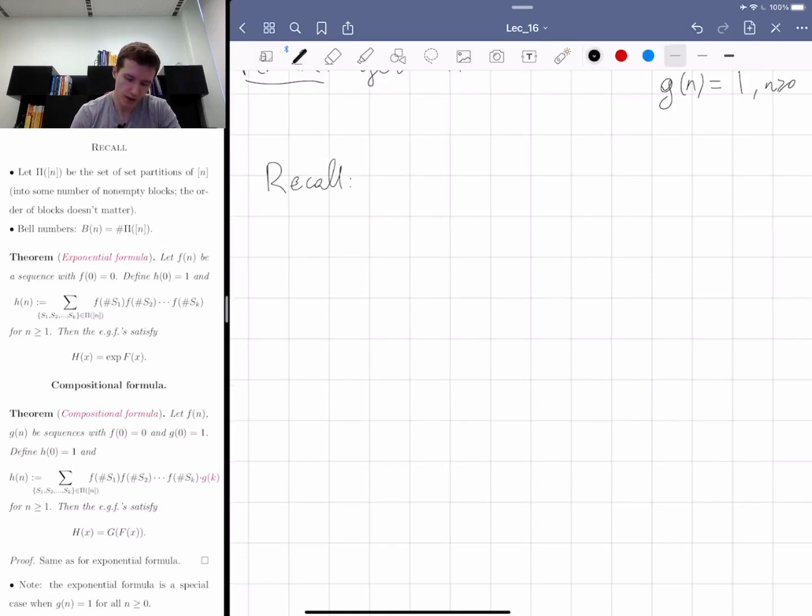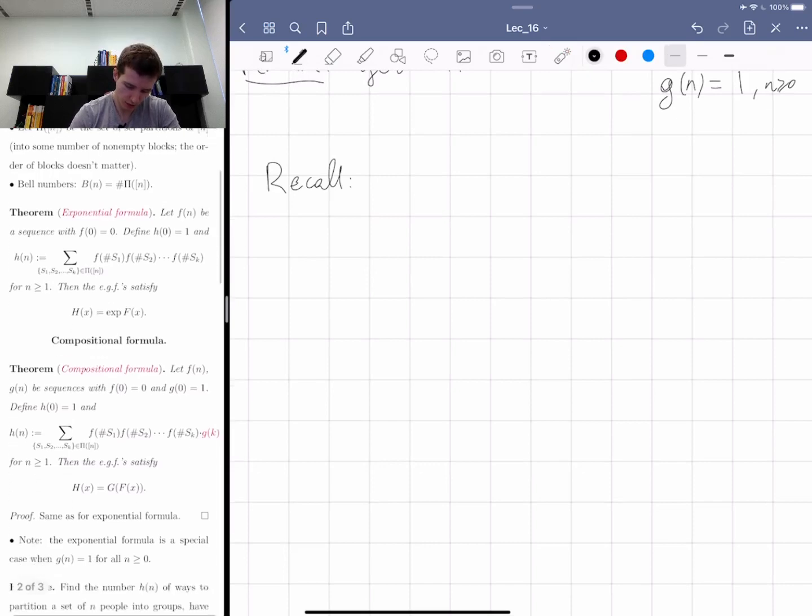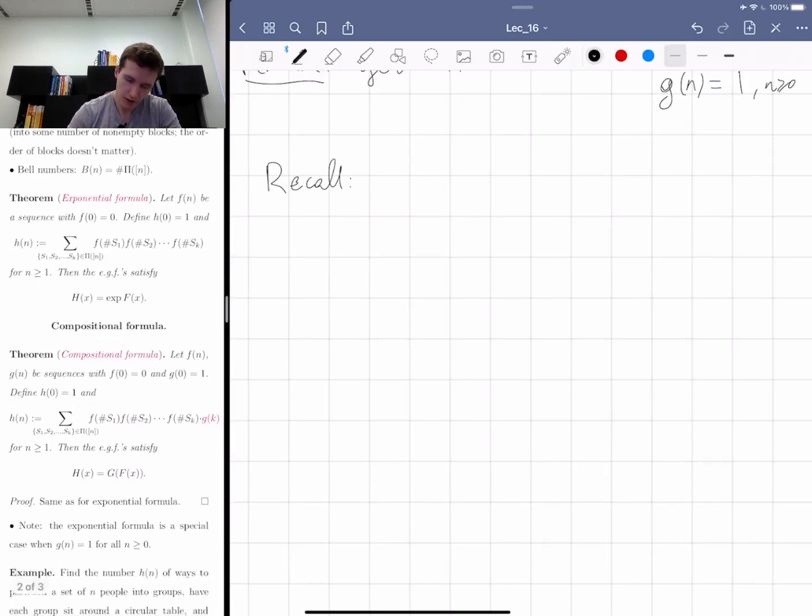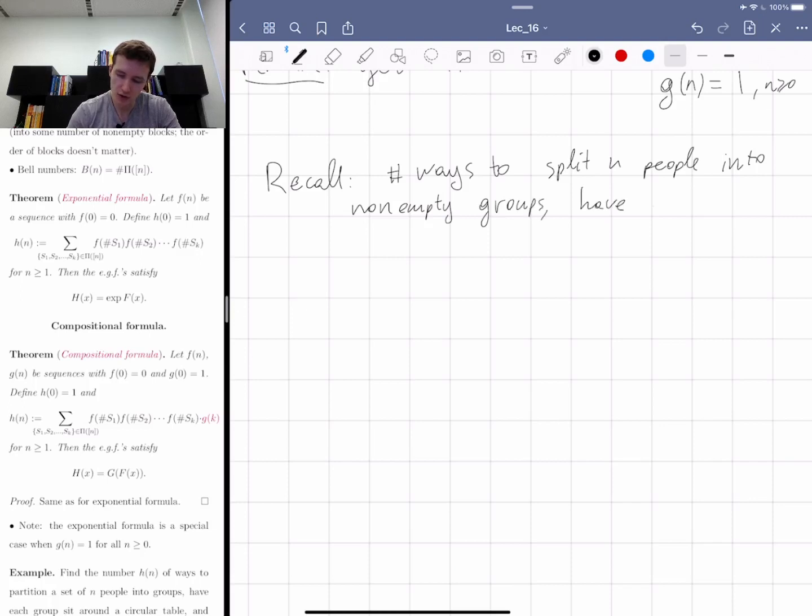I was trying to count the number of ways to split n people into non-empty groups, and have each group sit around a circular table.